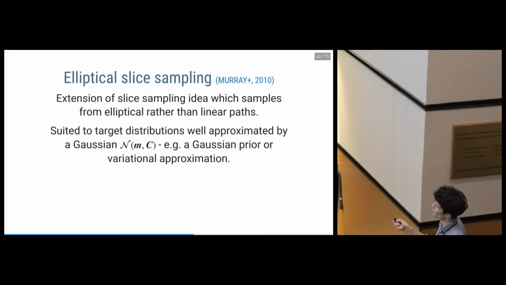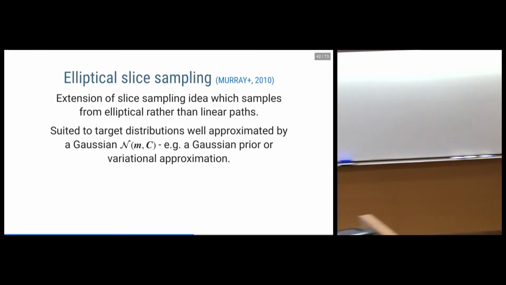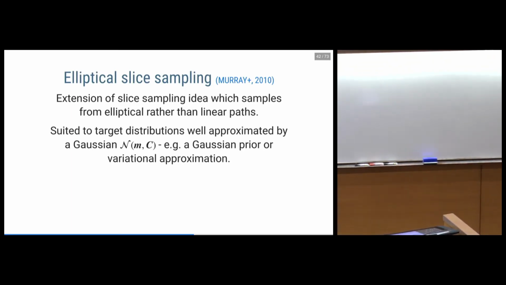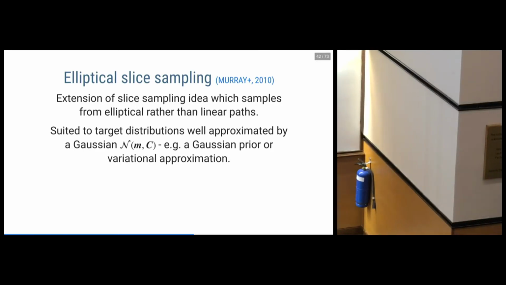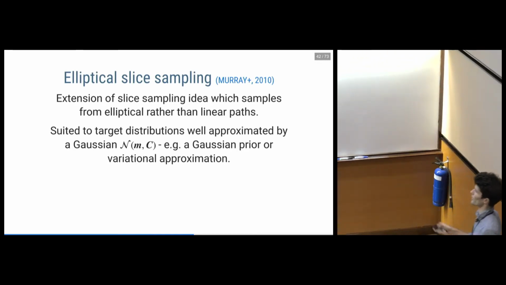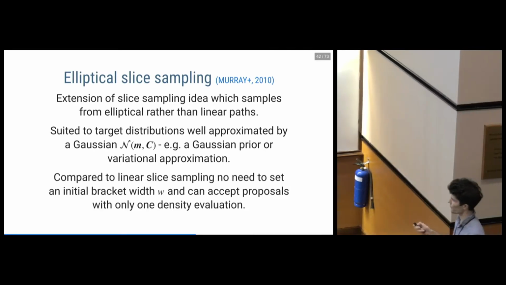As I described, this elliptical update will exactly preserve the underlying Gaussian measure. And then all we need to account for is the density ratio between that Gaussian measure and the actual target measure of interest. So if this is a variational approximation, this will be the residual ratio between that variational approximation and the actual target distribution of interest. And so now we've performed slice sampling in that Gaussian space.